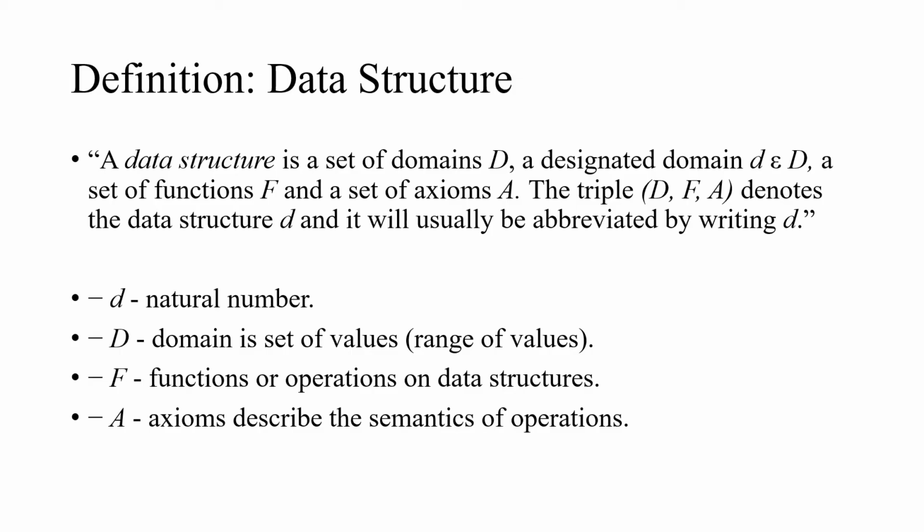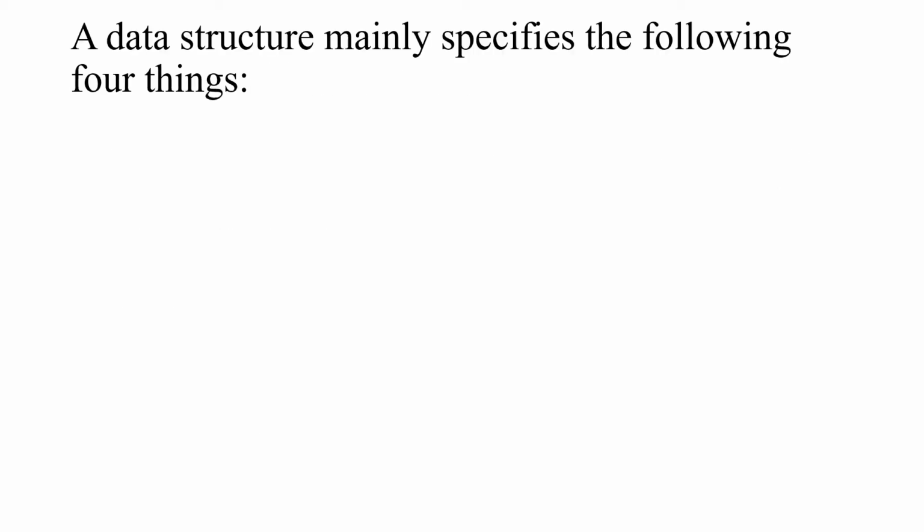In short, a data structure mainly specifies the following four things: organization of data, and accessing methods to the data structure. In the organization, we see in what manner and in what structure the data is stored.